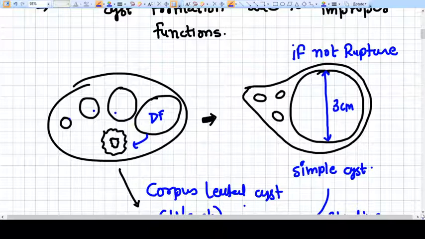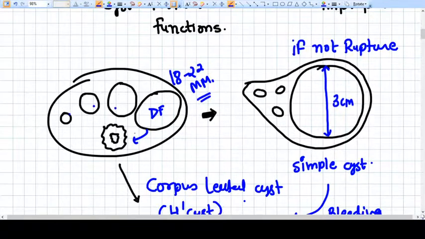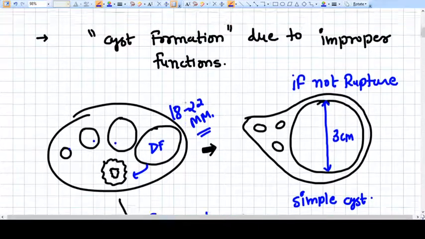There are many follicles which are recruited at the start of menstruation cycle, but only one becomes a dominant follicle. And when we say a follicle is a dominant follicle, it is obviously the largest of all follicles, but at least a mature dominant follicle is around 18 to 22 mm. Corpus luteum is also a kind of follicle, but a ruptured follicle.